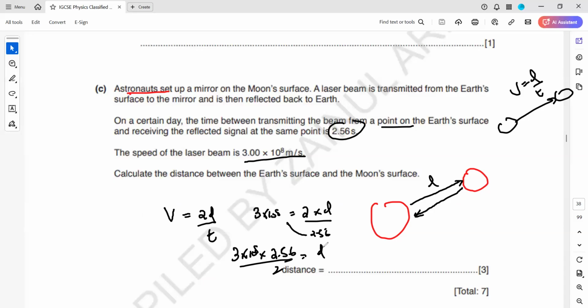What's the answer? Three times 10 to the power 8, times 2.56, divided by 2.